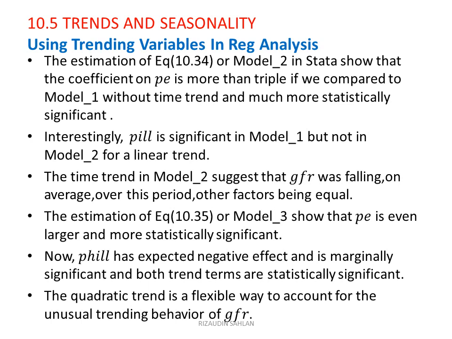Now, the variable P has the expected negative effect and is marginally significant, and both trend terms are statistically significant for model 3. That means the quadratic trend is a flexible way to account for the unusual trending behavior of the GFR.